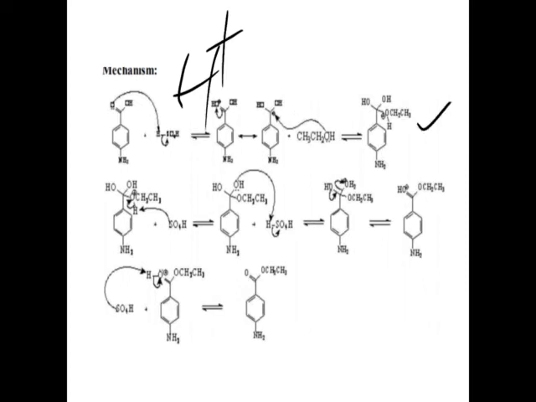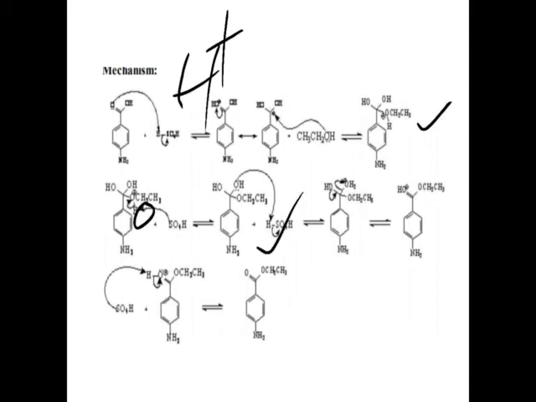So when it is attacked by the ethanol, you can find out here this type of product is formed. Then this hydrogen of alcohol is removed with the remaining HSO4 minus. So it again forms the H2SO4.